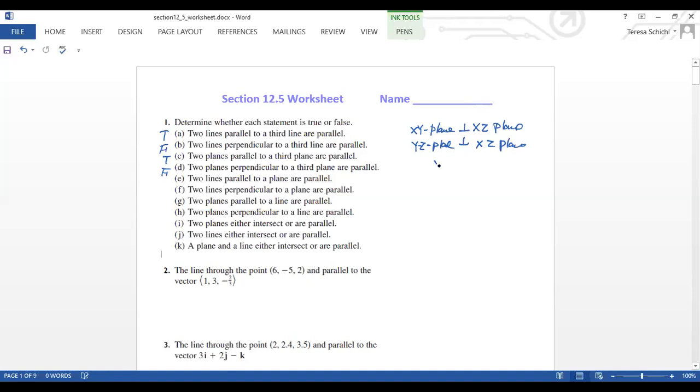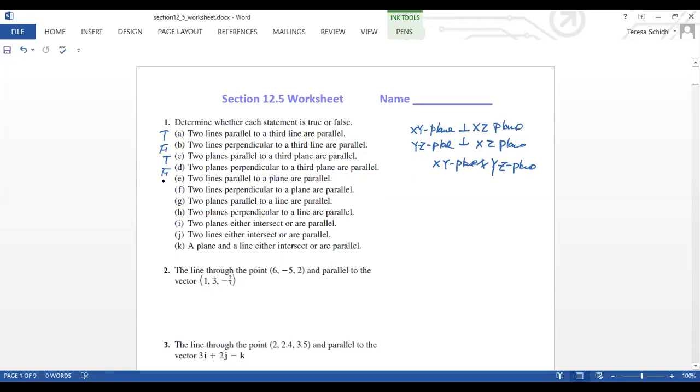But I know the XY plane is not parallel to the YZ plane. So when two planes are perpendicular to a third one, it doesn't mean these two planes will be parallel.